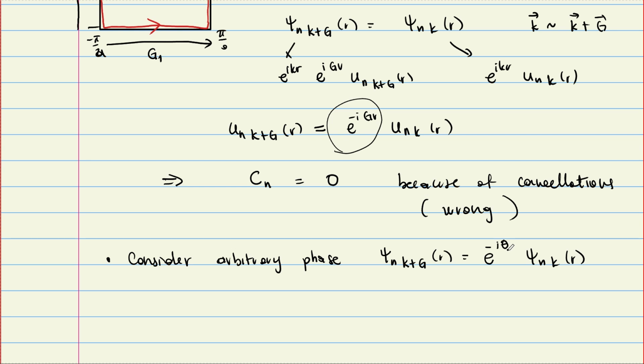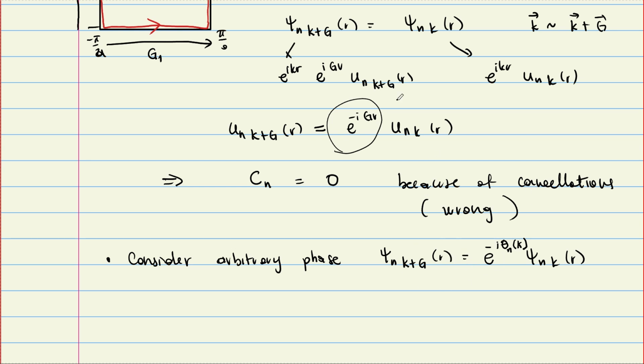This theta can depend on the band. Each band can have a different theta. It can also depend on the reciprocal lattice vector, but it cannot depend on r. If it depends on r, you spoil this Bloch periodicity. But as long as it is in this form, the Bloch periodicity is intact and everything is fine. And nobody would be able to tell this additional phase, because that's what quantum mechanics says.